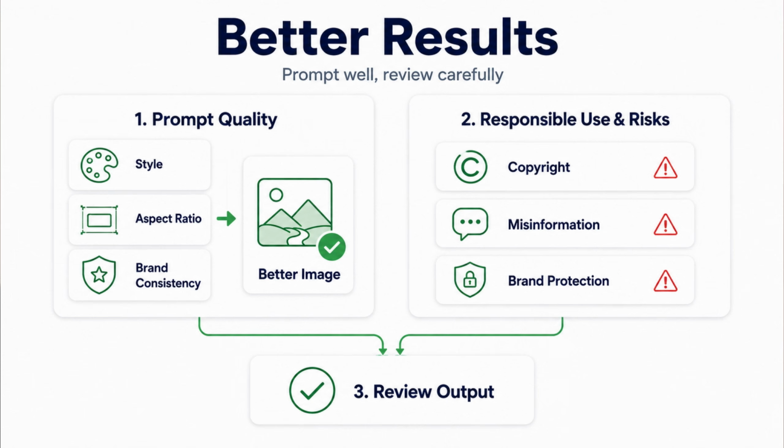And at the same time, good image generation still depends heavily on prompt quality, because the output improves when the instructions become more clear and detailed. Things like visual style, aspect ratio, and brand consistency become very important, especially when the generated content is being used for business purposes.